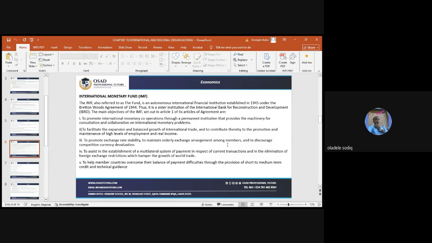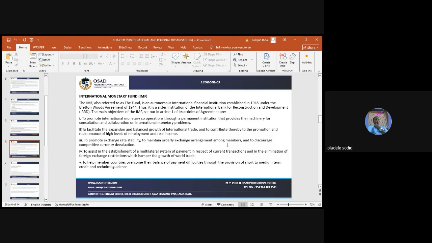It was established in 1945 under the Bretton Woods Agreement of 1944. So it is a sister institution of the International Bank for Reconstruction. So the IMF is just like a sister to IBRD.